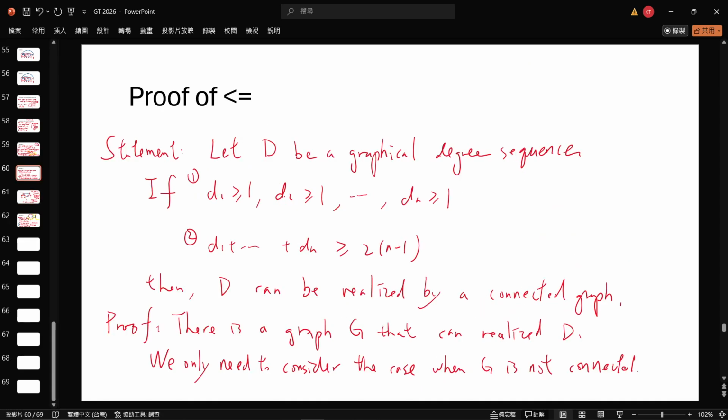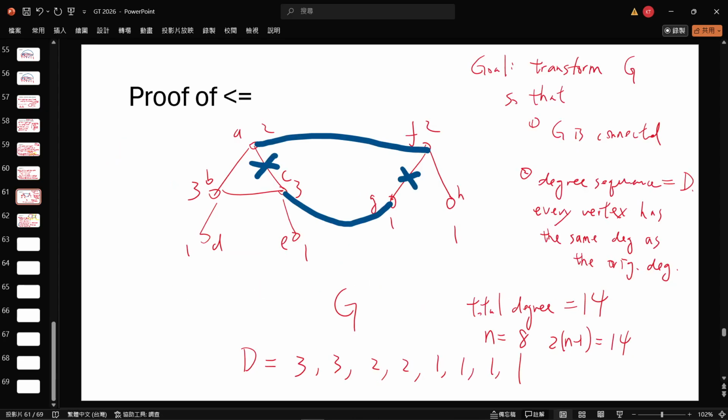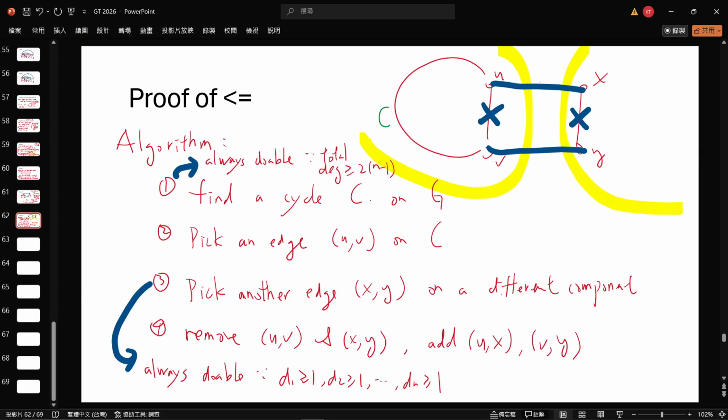So let me go through the proof again. Start with a graph. If the graph is connected, then the proof is done. And if the graph is disconnected, then we can merge components. To merge components, we first find a cycle. It turns out that if the total degree is at least twice n minus 1, you can always find a cycle. We're going to prove this later. After we find a cycle, we just find any edge on the cycle.